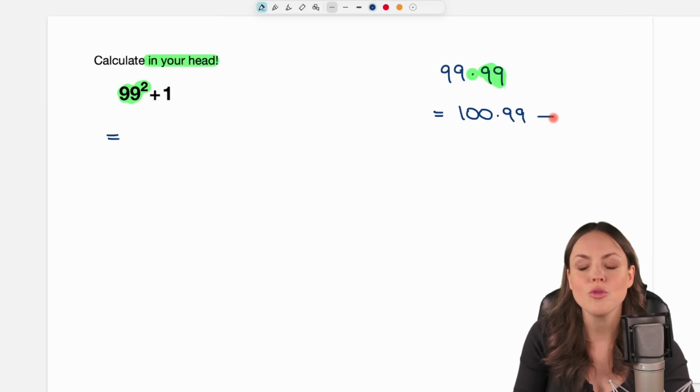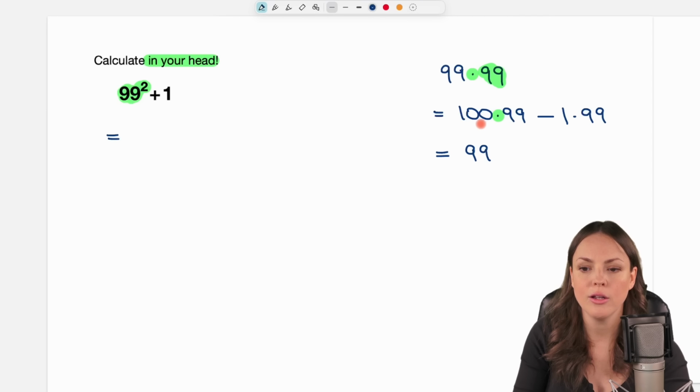But then we have to subtract one of these 99s because we only wanted to have 99 of them. So 100 times 99 just means I take my 99 and add 2 zeros, and then I subtract 99.